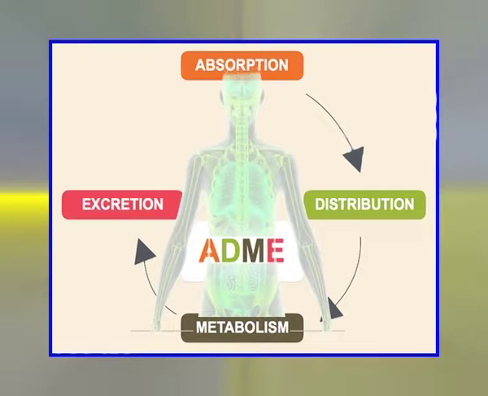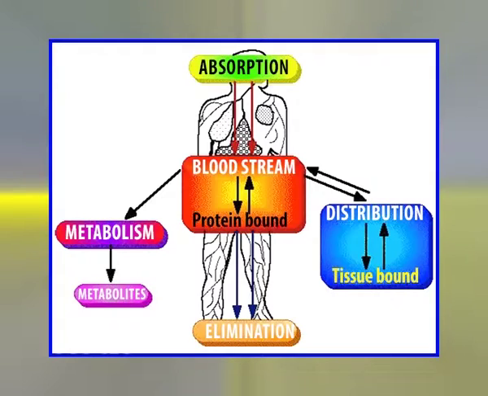Absorption, distribution, metabolism and excretion are sometimes referred to collectively as ADME processes. These processes determine when the drug appears in the bloodstream and for how long it remains there.